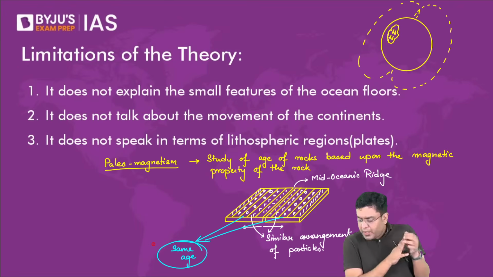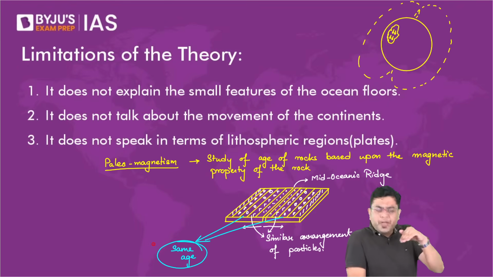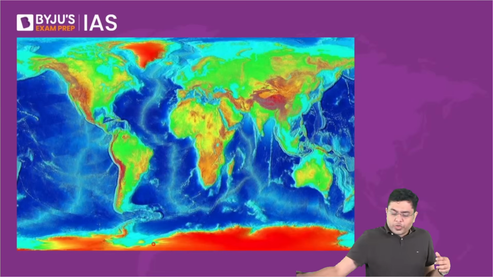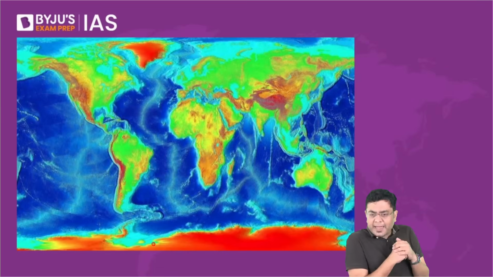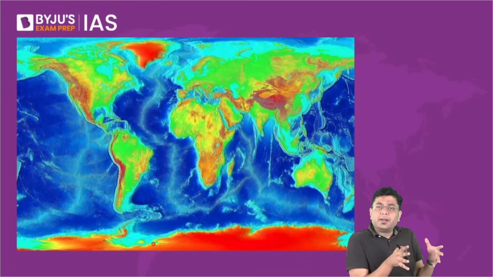Mid-oceanic ridge. A ridge is an upraised portion. Any kind of upraised portion of land that you come across is referred to as a ridge line. That is when it exists in the middle of the ocean. This is your example of a mid-oceanic ridge. When you look at this world map, many times you would have observed the blue color representing the oceans.